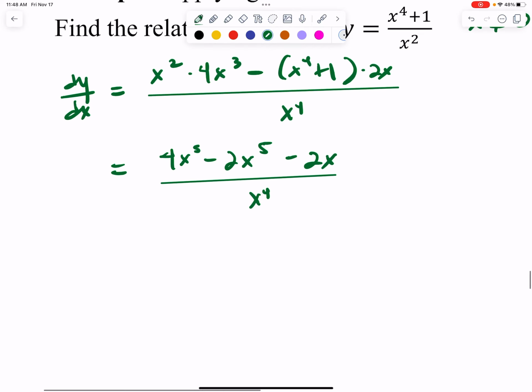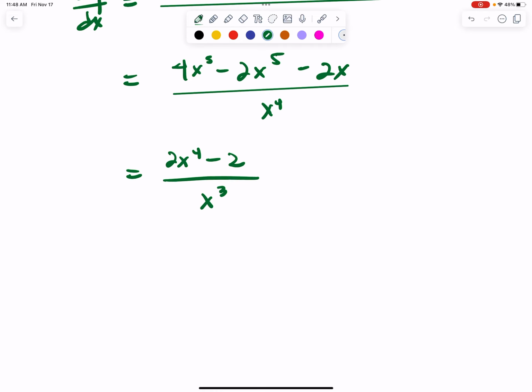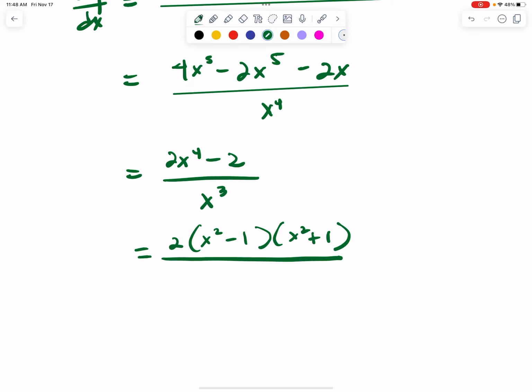So that would be 2x to the 5th, which we could actually factor out an x. So that would actually be 2x to the 4th minus 2 over x cubed. And we could factor out the 2, and then that would actually be x squared minus 1, x squared plus 1. Difference of 2 squares.